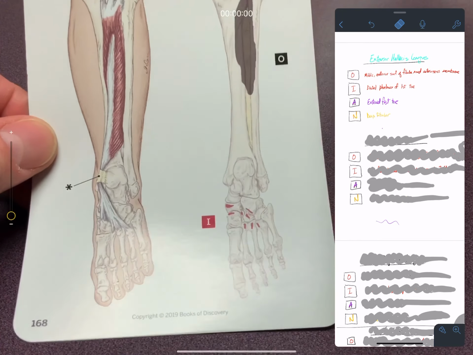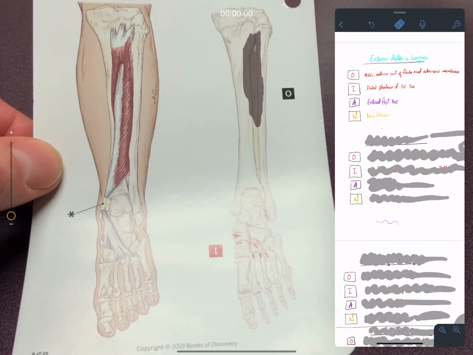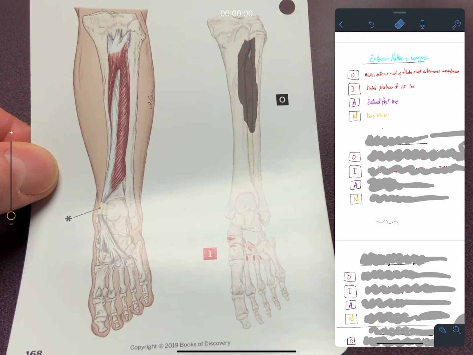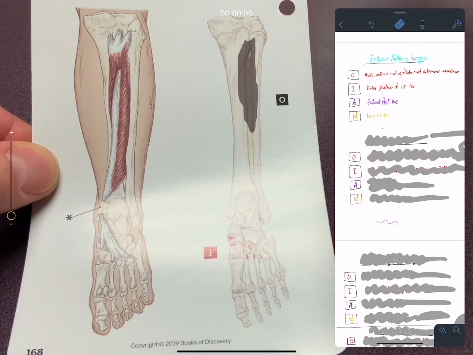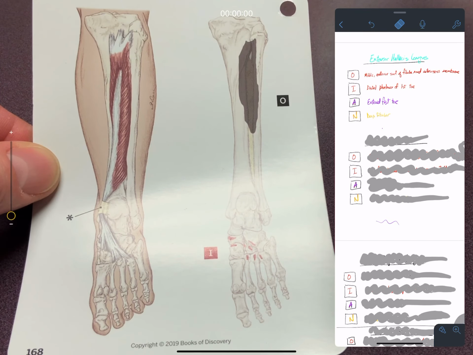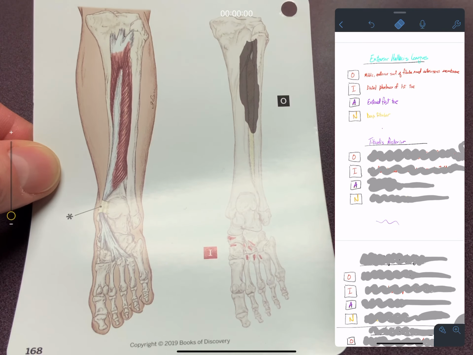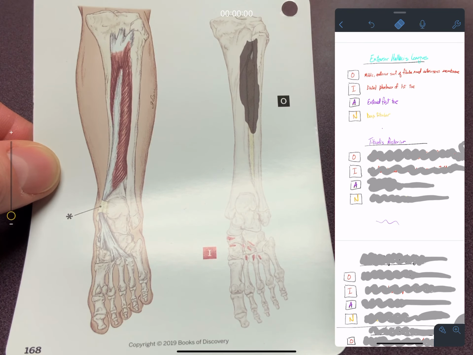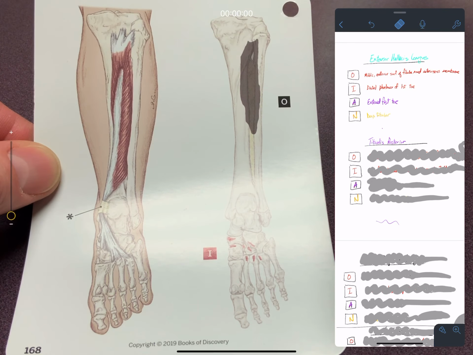Here we have the back side, the posterior side of the leg. This is tibialis posterior, and we want to know its origin. This is kind of a dual origin.